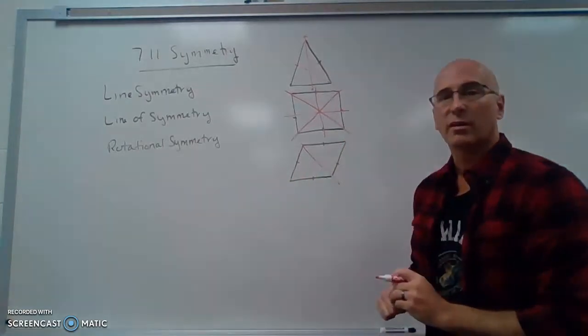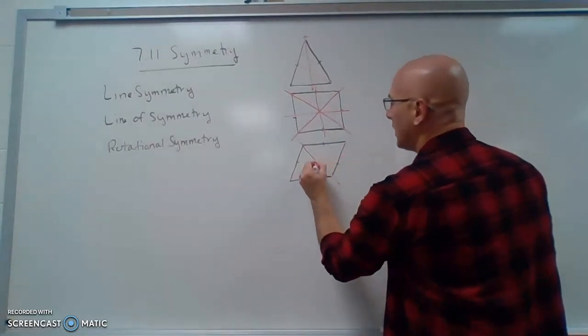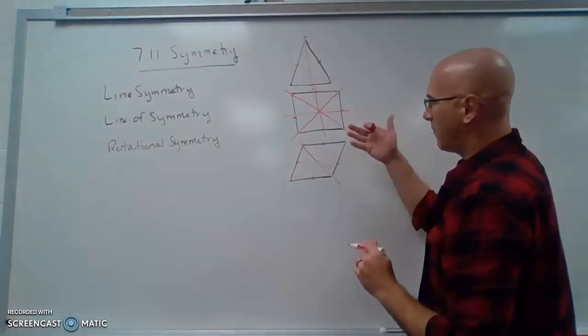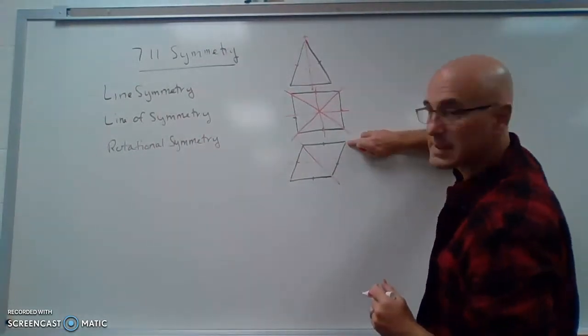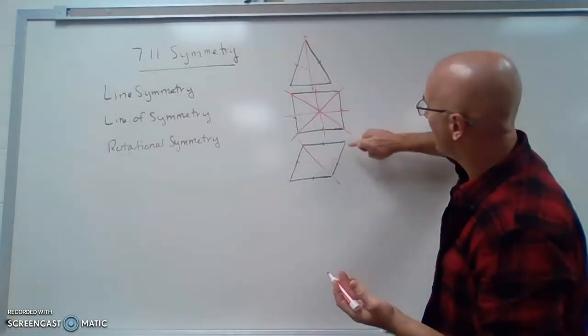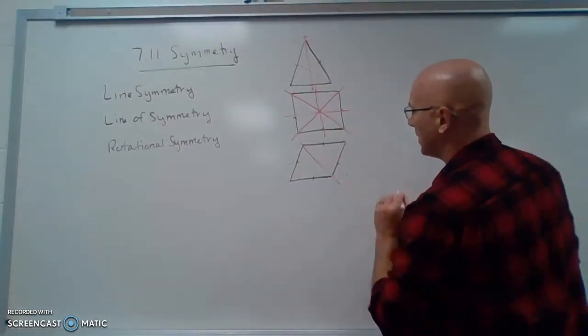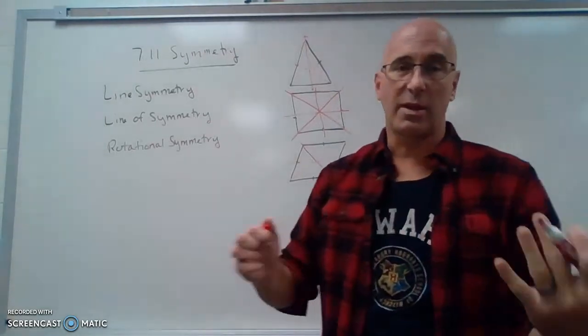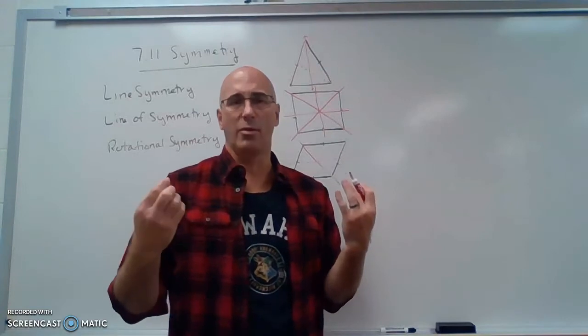Here's another line of symmetry. But if we tried to put one here and fold it, it's not going to match up because this point is sticking out, for lack of better word, and when we fold it down, it's going to end up down here. So we just have to make sure the shape that we have, and if we're talking about the appropriate lines of symmetry.